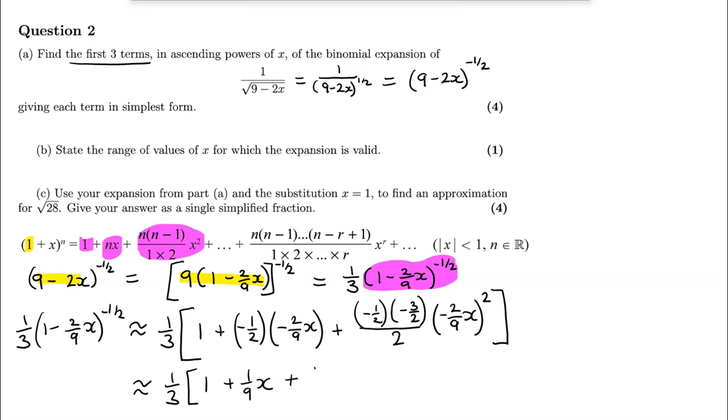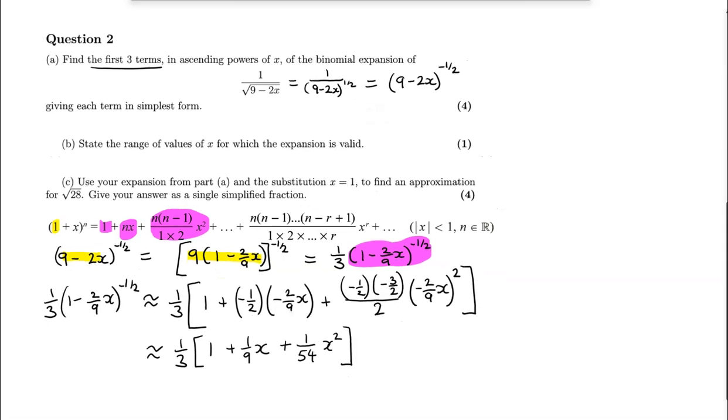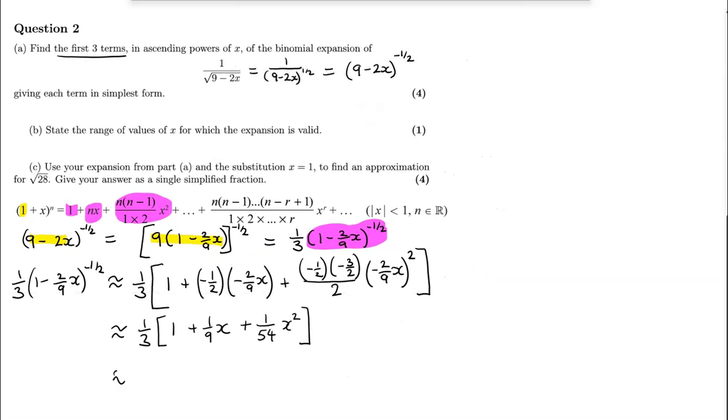There can be a lot of mistakes made from doing this, so just take that extra care. And then we're just going to multiply that all by a third here. And we have all 3 terms that we need to find there.